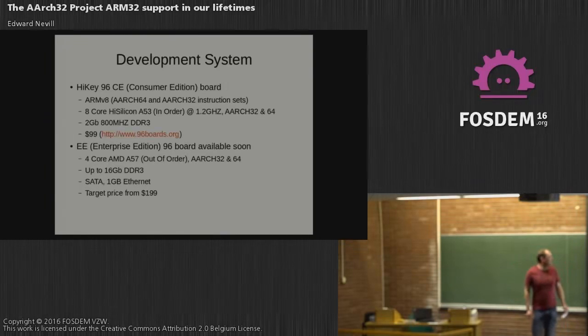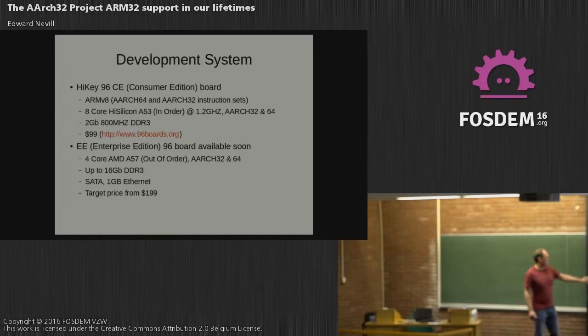It's an ARMv8 with Arch64 and Arch32 instruction sets, an 8-core 853 processor, 2 GB memory, and that's available for $99. You can get a reference to that if you go to the website, which is 96boards.org.